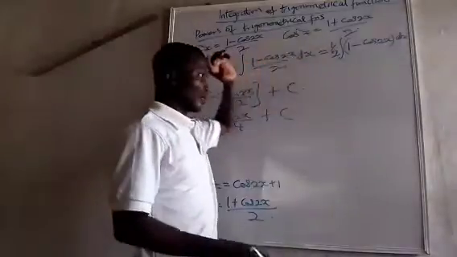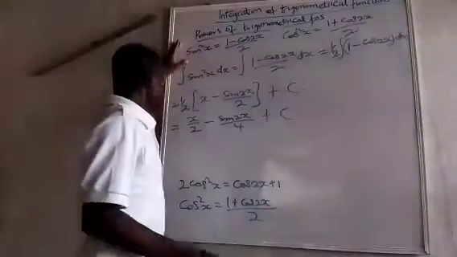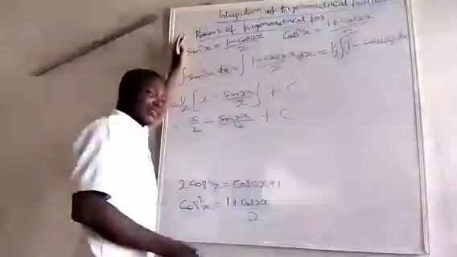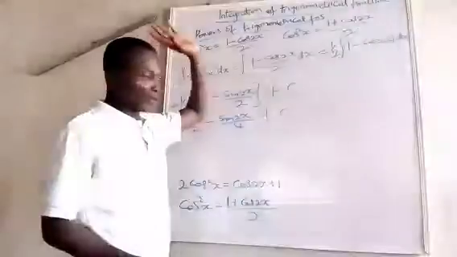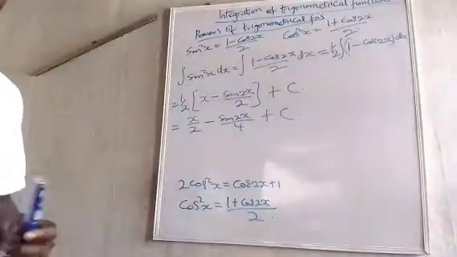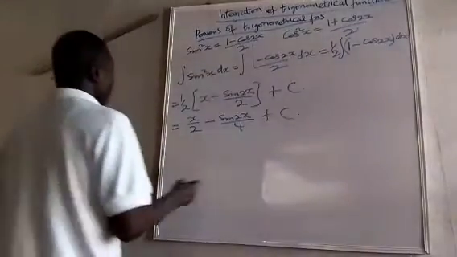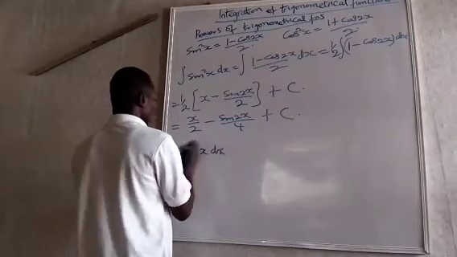So this is the basic thing you need to know. You should be able to express this in terms of cos 2x. You express that in terms of cos 2x. Let's quickly do that of cos square x. Now, let's do the integral of cos square x dx.